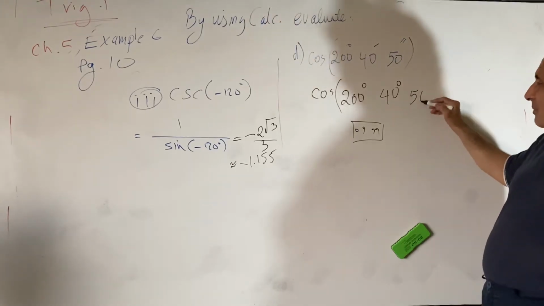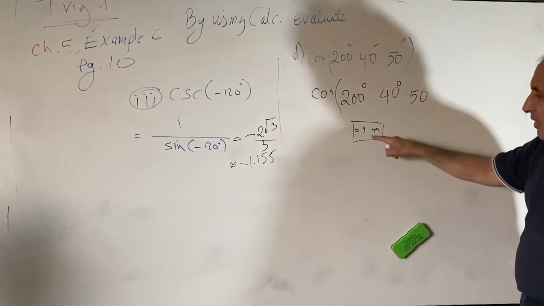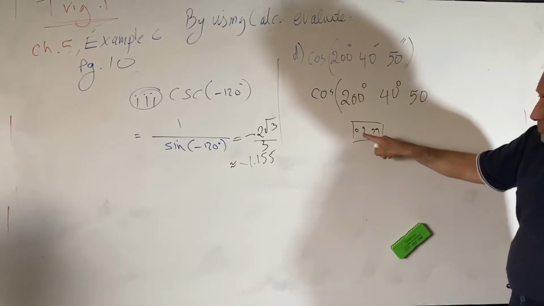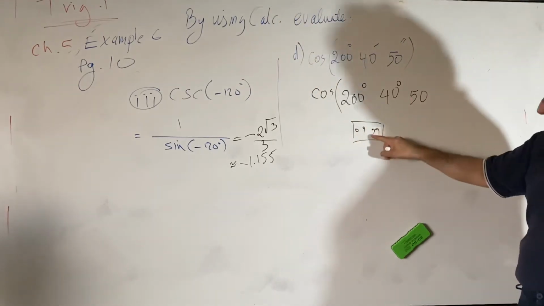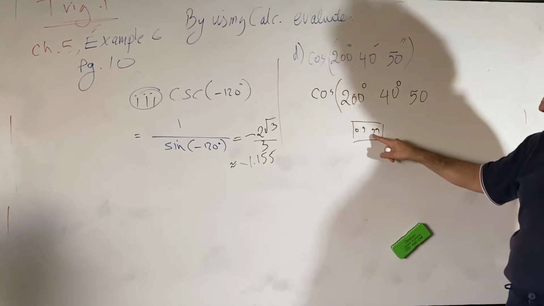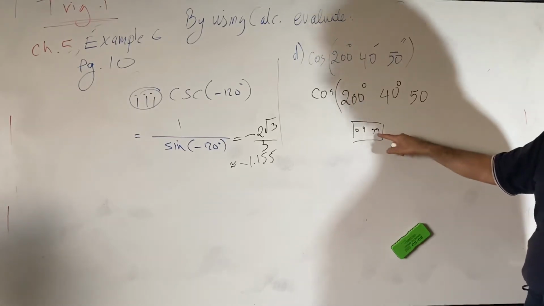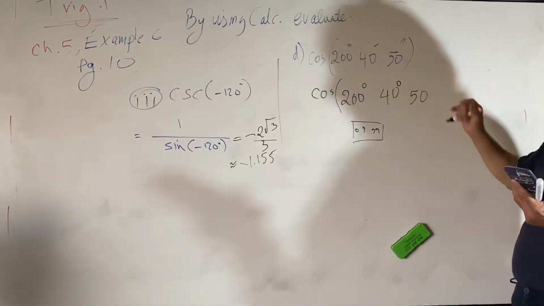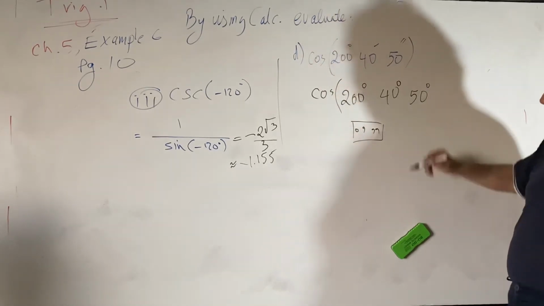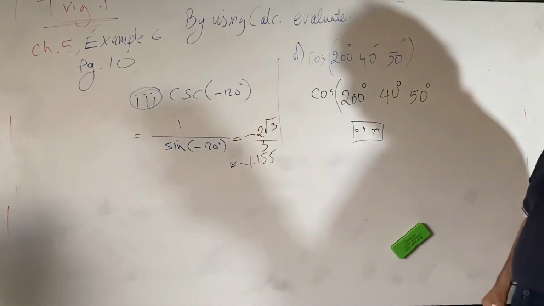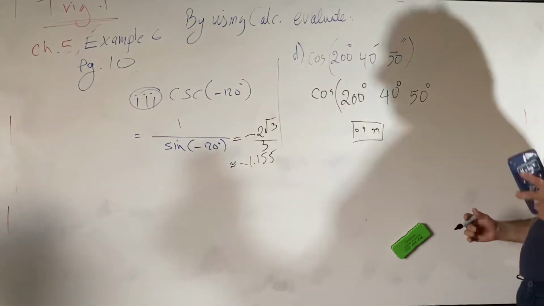You press 50 and then press this one again. So the first time you press it, it gave you the degrees. When you press it a second time, the calculator treats it as minutes. When you press the third time, the calculator goes to seconds, and it gives me this again. Old calculators, new calculators, it doesn't make a difference.